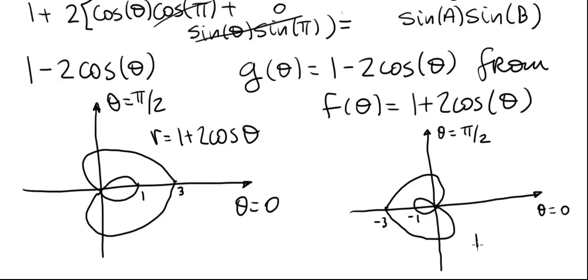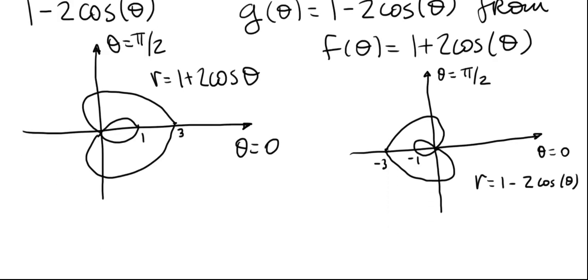This is the graph of r equals 1 minus 2 times cosine of theta. As I said, we can always get this second graph by using the same technique that we used to get the first graph, that is, first showing it's symmetric with respect to the line theta equals 0, and then plotting some points and getting half the graph and getting the rest by symmetry.